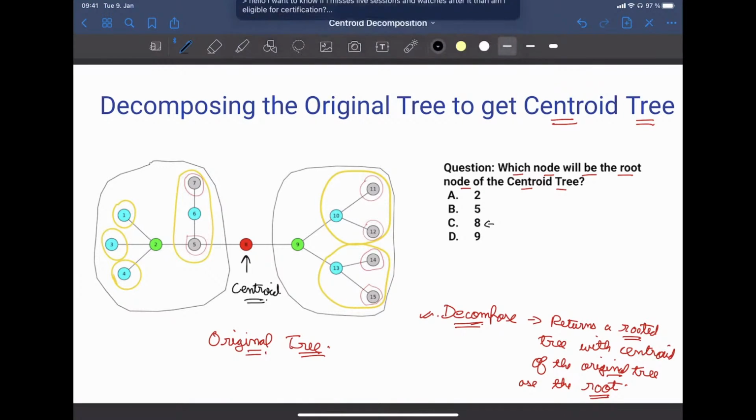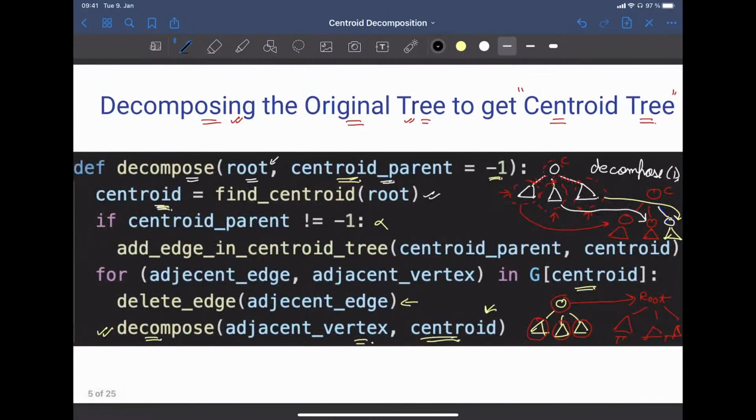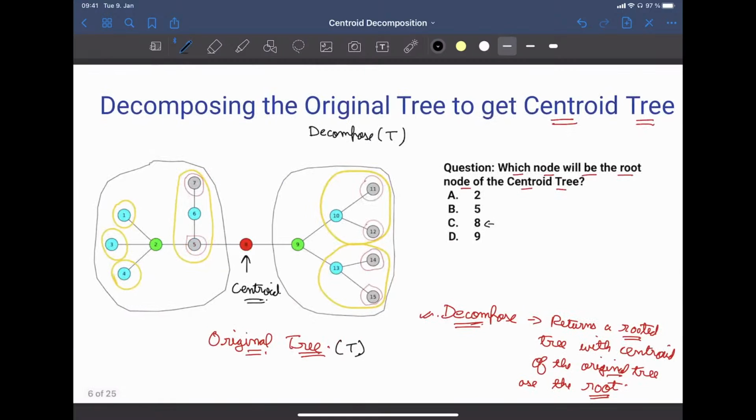We know that in the given tree, 8 is the centroid. So when you call decompose on the given tree T, let this whole tree be shown as T, what does it do? The first step is to find the centroid. So it finds the centroid, node 8, and it makes node 8 the root node of the centroid tree.